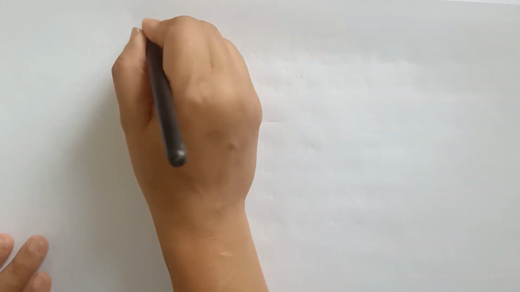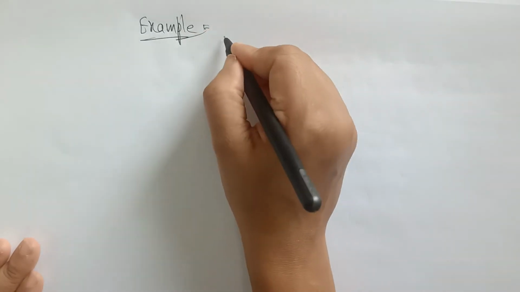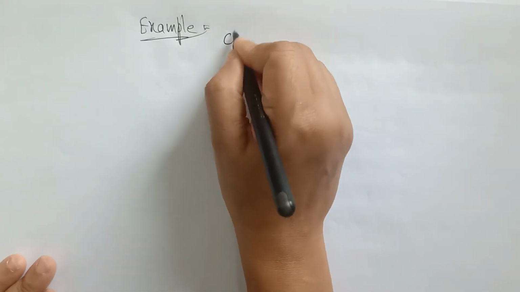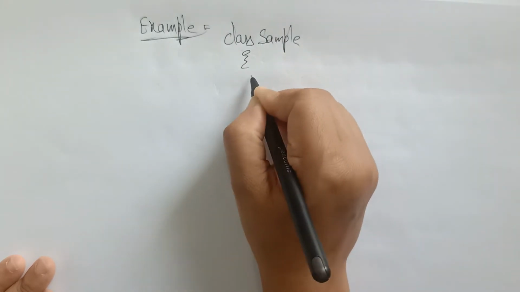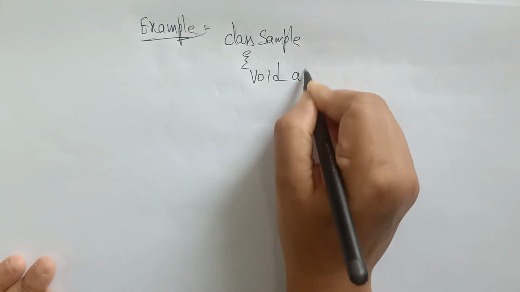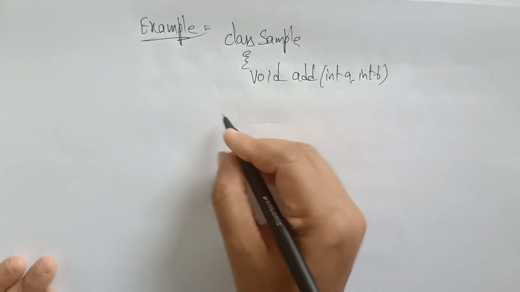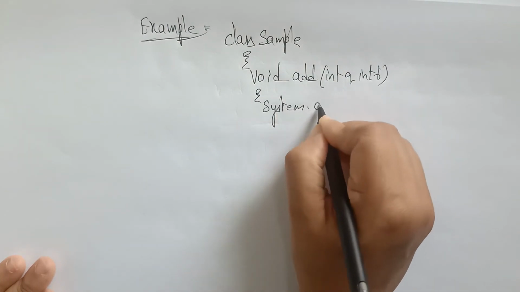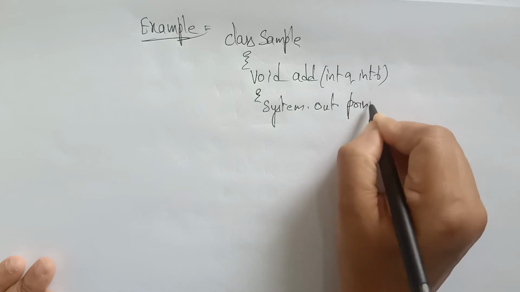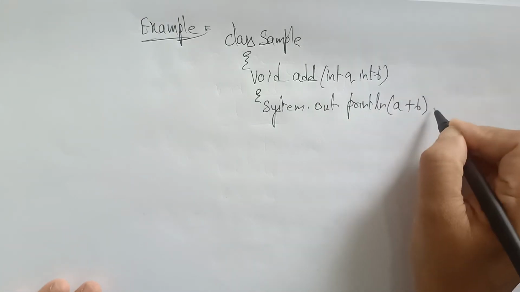Now let me take an example. I am taking an overloading example. Class Sample is my class name. Void add int a comma int b. This is my one method. System.out.println, I am just adding a plus b.